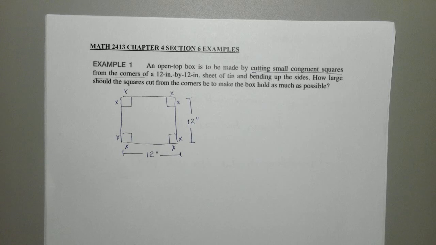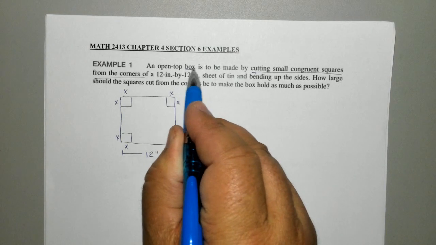Okay, so we draw a picture, label what we know. Now we got to put it into an equation. What equation do you think we'll use here? We're talking about a box. So what kind of formula do you use for a box?